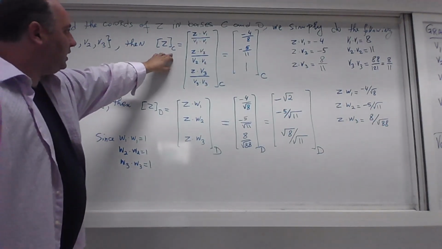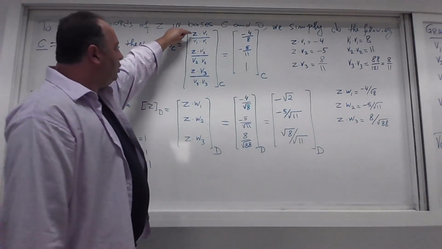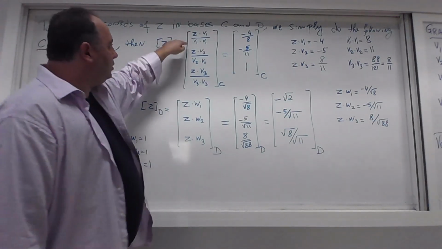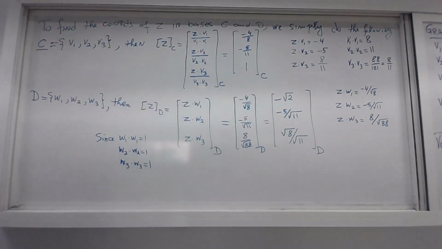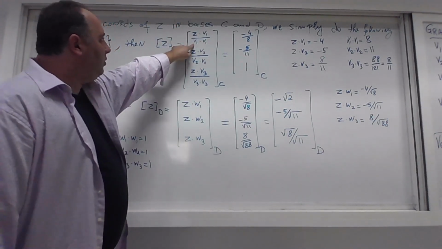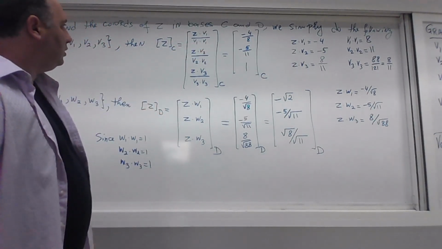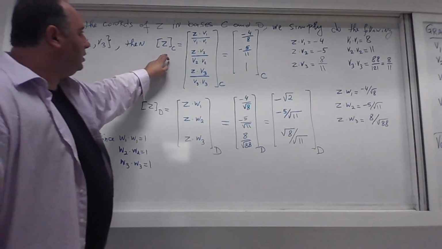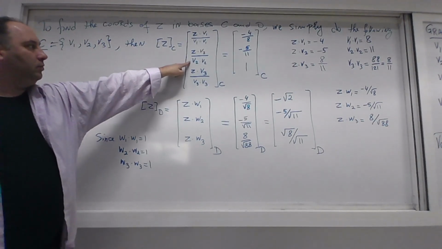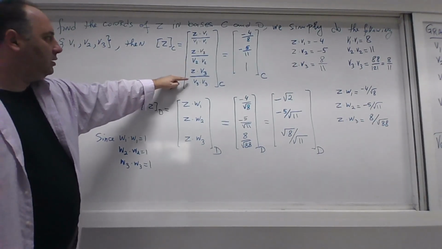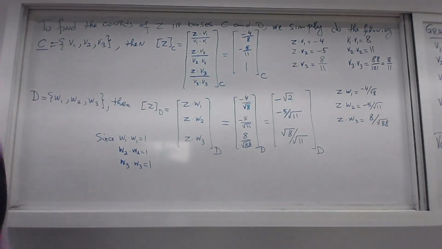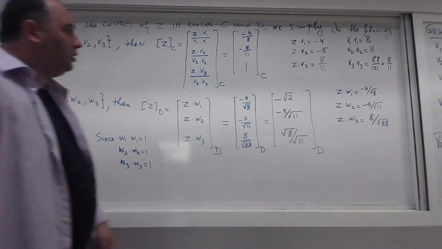The coordinates of vector z in basis C will be simply the ratios of the dot product of z and the basis vectors divided by the dot product of the basis vectors. So the first coordinate will be z dot v1 divided by v1 dot v1. The second coordinate will be z dot v2 divided by v2 dot v2. The third coordinate of z in basis C will be z dot v3 divided by v3 dot v3. So we just go and do the work.